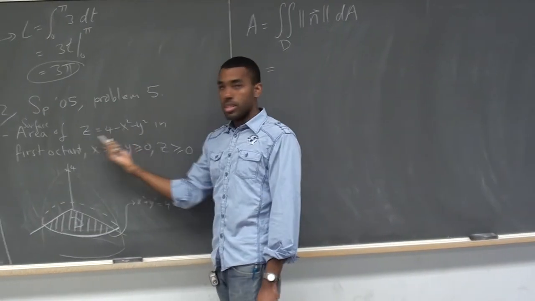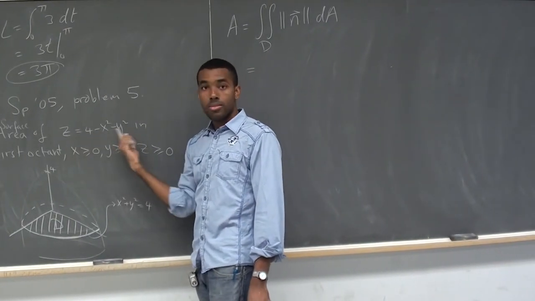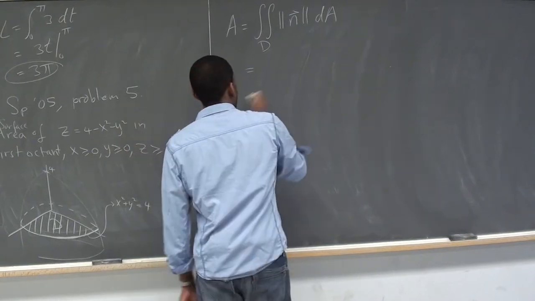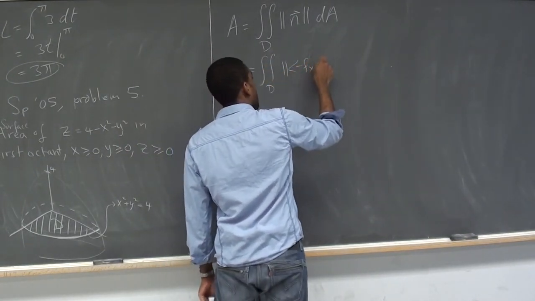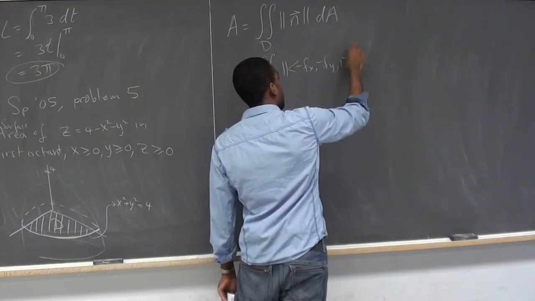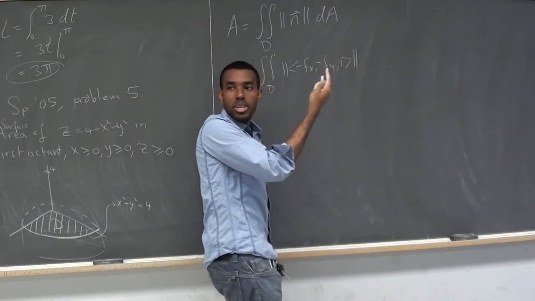We're given z explicitly as a function of x and y. So the normal is just minus fx, minus fy, 1. Doesn't matter which sign I take, because I'm taking the magnitude.